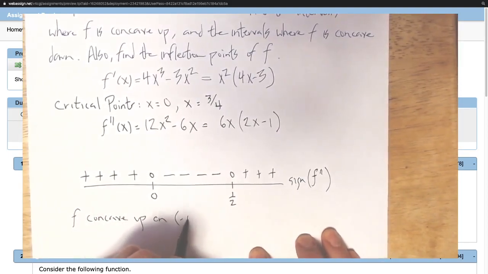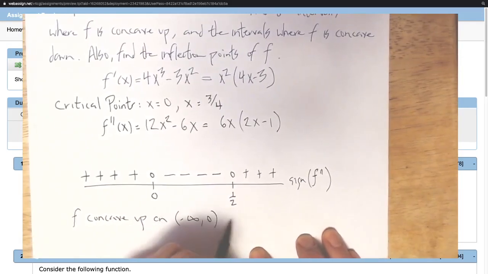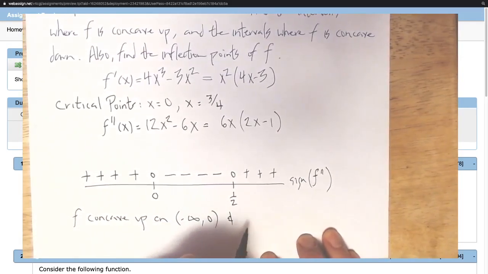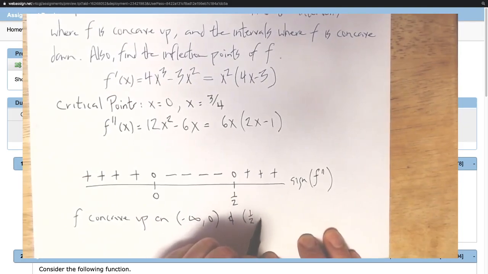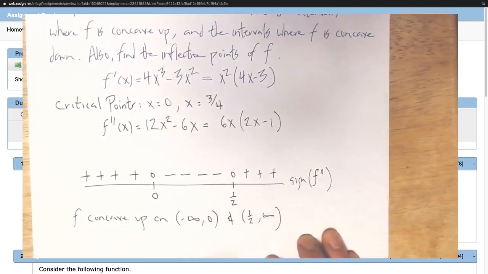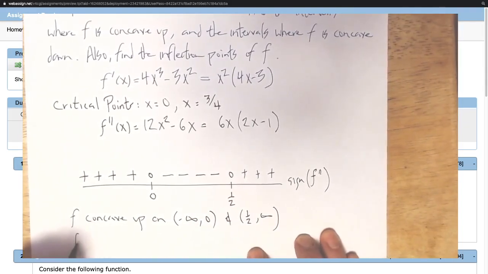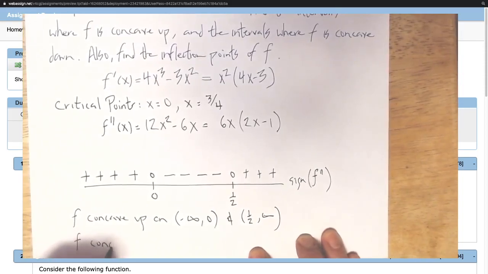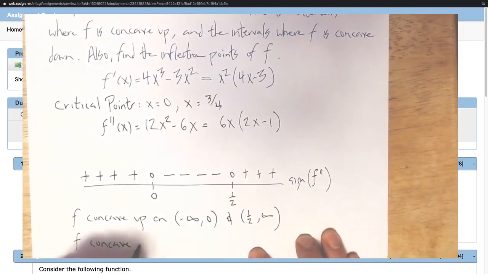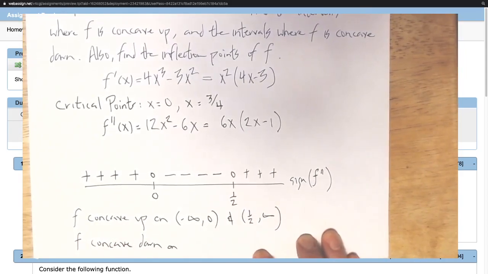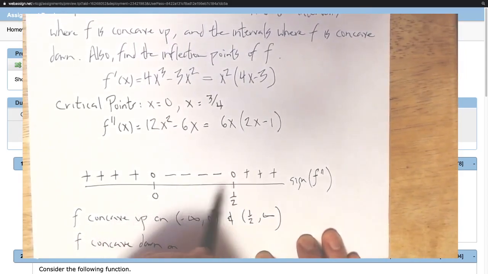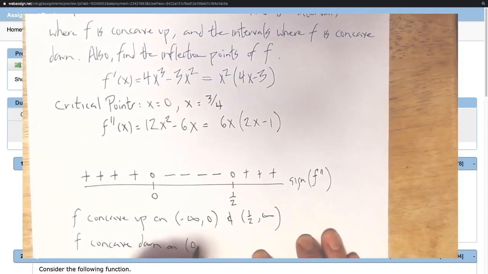So that would be minus infinity to 0 and 1/2 to infinity. And then f is concave down on the intervals where the second derivative is negative, and so that's going to be 0 to 1/2.